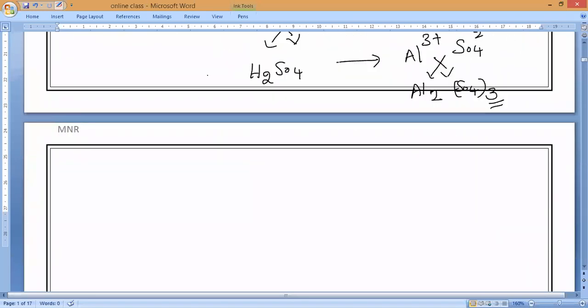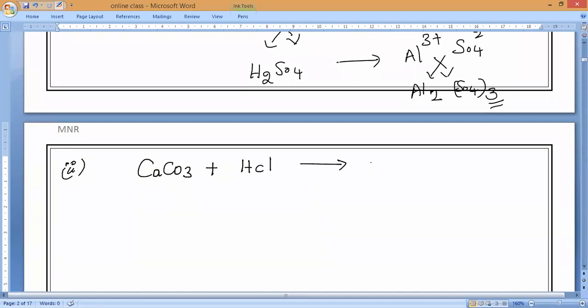Have you understood this equation? Everybody? Yes, sir. Next equation. Let us make it a little bit harder so that we can understand. The second equation: calcium carbonate. Who can say the formula? CaCO3. CaCO3 plus hydrochloric acid HCl gives CaCl2, calcium chloride, plus H2O plus carbon dioxide.